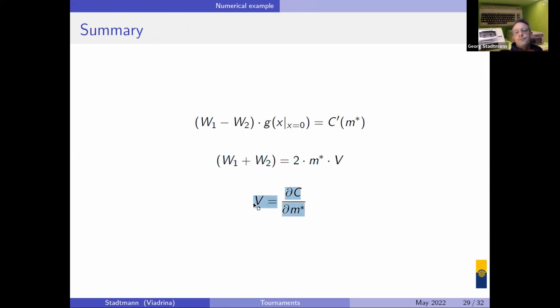And the last one stems from the fact that the firm is optimizing the optimal staggering of the prize money.